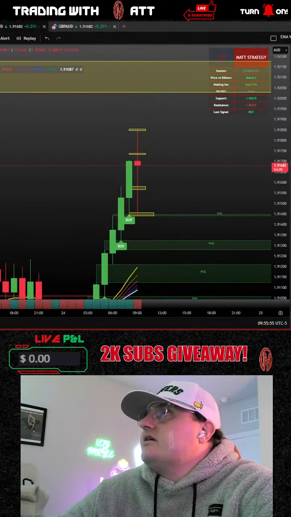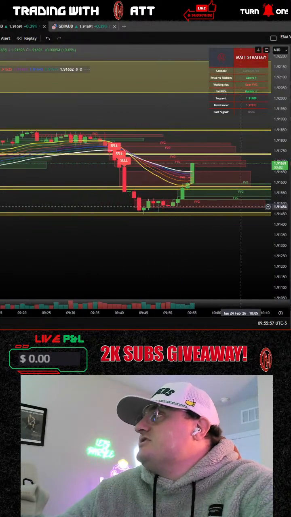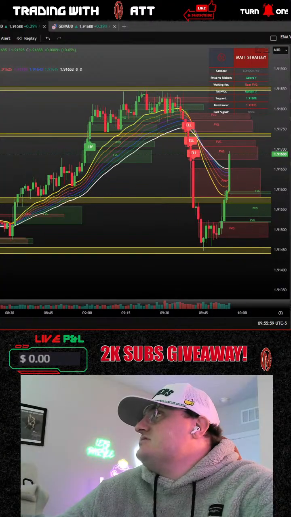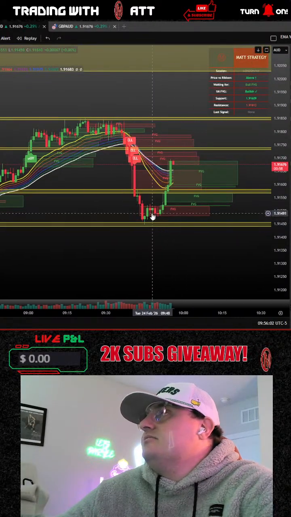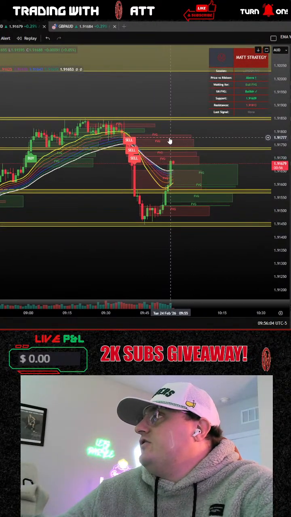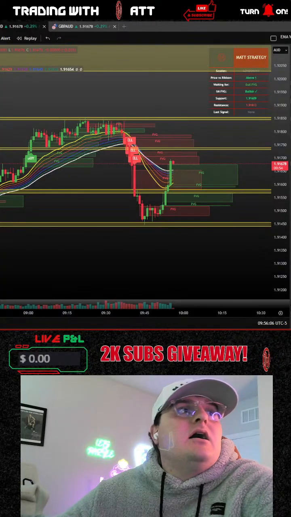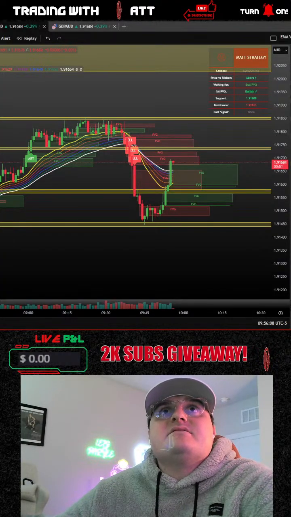Wow, what a wick there. So again, going to our 1-minute chart here, guys, absolute full rejection of our micro zone here. Full move up. It's going to be interesting to see what happens here.